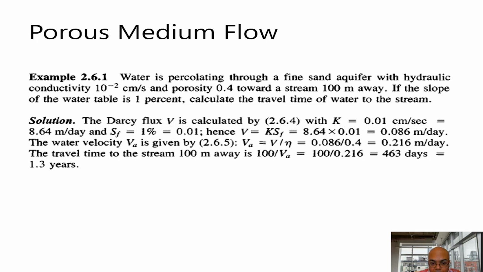Since this water is percolating through fine sand towards a stream 100 meters away, the time taken to reach the stream is 100 meters divided by V actual. So that is 100 divided by 0.216 meter per day, which comes to 463 days. So you can see that groundwater movement is very slow. Even to reach 100 meters, it took more than 1 year.